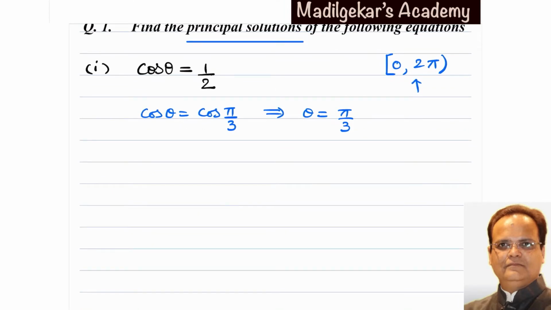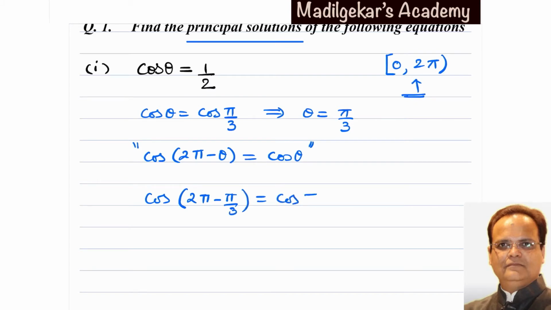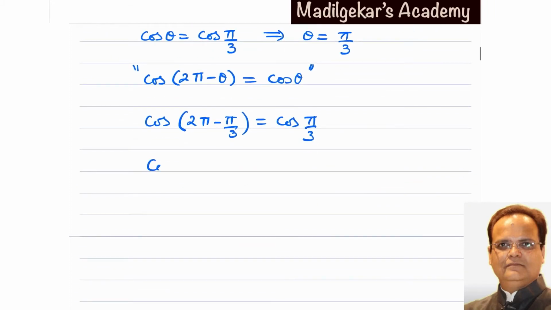Let's check whether there exists one more angle which lies between 0 and 2 pi. We know the allied angle formula, cos of 2 pi minus theta is cos theta. Here if we substitute theta equals pi by 3, it will be cos of 2 pi minus pi by 3, which is 5 pi by 3, and cos pi by 3 is 1 by 2. So here we get the second value of theta as 5 pi by 3.